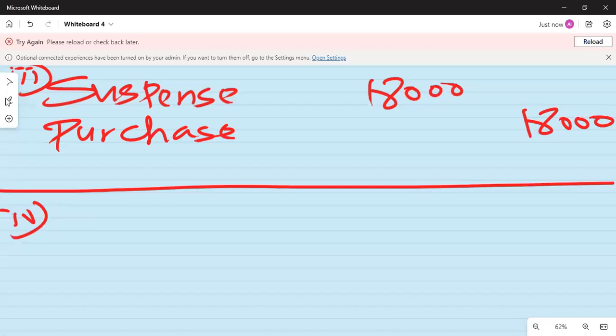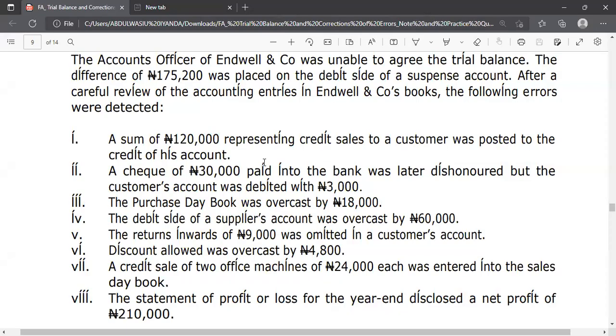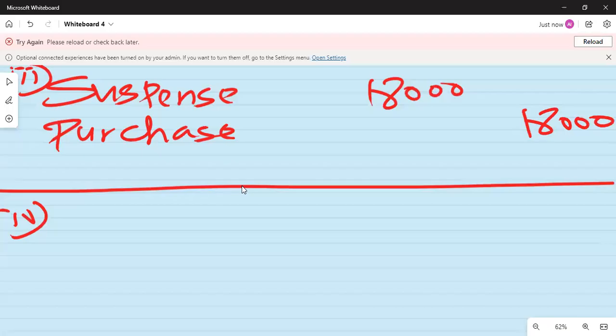Number 4 now. They say the debit side of the supplier's account was overcast by 60,000 naira. The supplier's account is a trade payable, that's the accounting name for it.